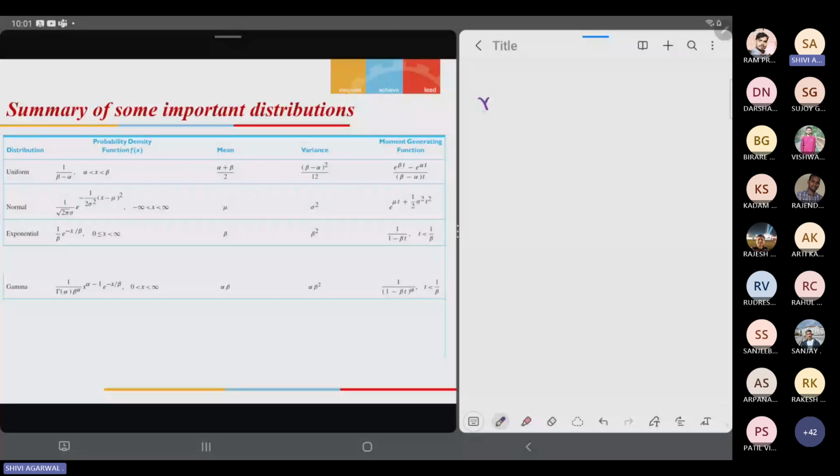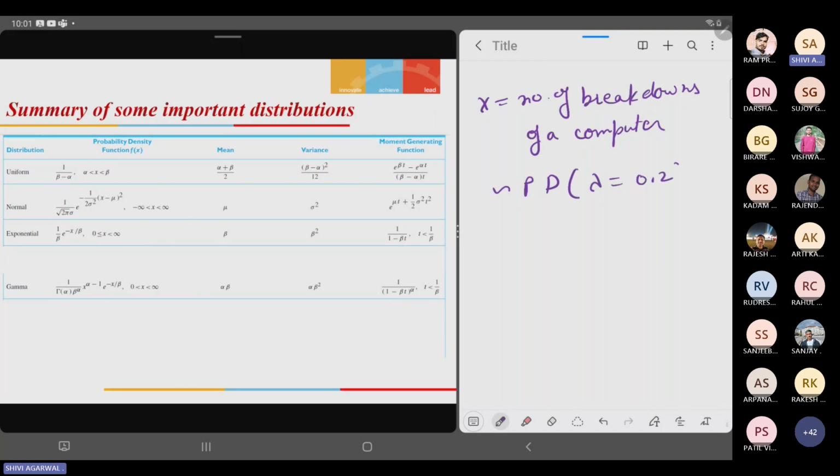So X is the number of breakdowns of a computer, having a Poisson distribution with lambda equal to 0.2 here. Clear? Now find the percent of the time that the interval between breakdowns of the computer is less than 1 week.